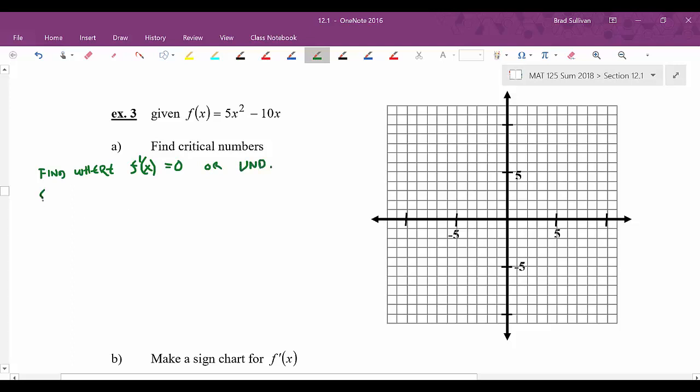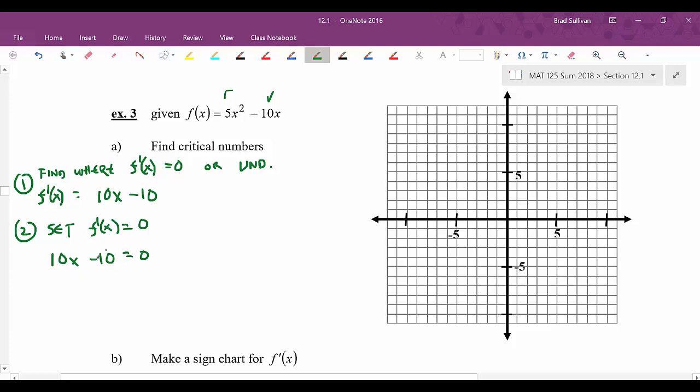Okay, so when we find critical numbers, you want to go ahead and find the derivative. So that derivative would be 10x minus 10, and that's just standard derivative rules that you've learned. So you want to take the derivative. The second thing you want to do is set the derivative equal to 0. So we take 10x minus 10 equals 0.